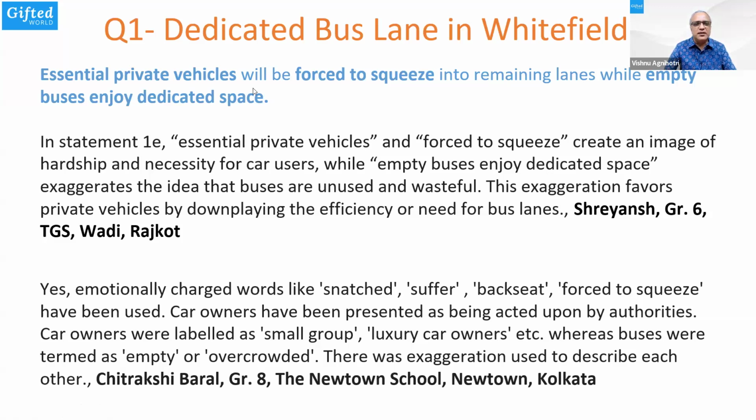Statement 1E was that essential private vehicles will be forced to squeeze into remaining lanes while empty buses enjoy dedicated space. So he nicely caught on to these adjectives. Essential private vehicles: private vehicles is neutral, but are they essential? That is something we can critique.